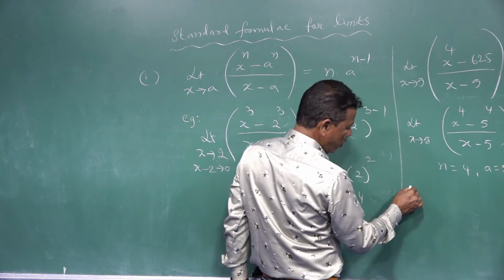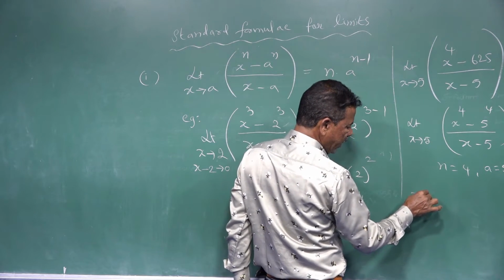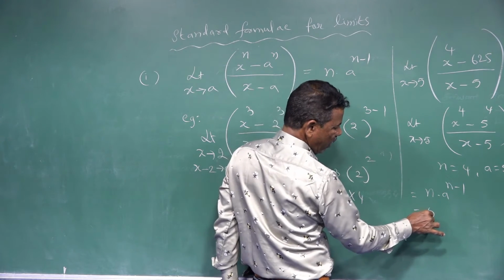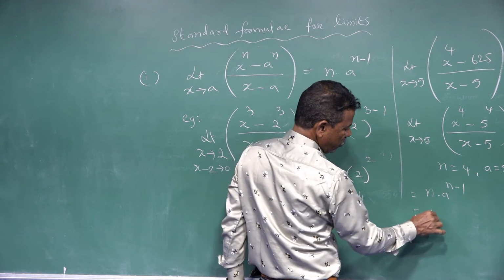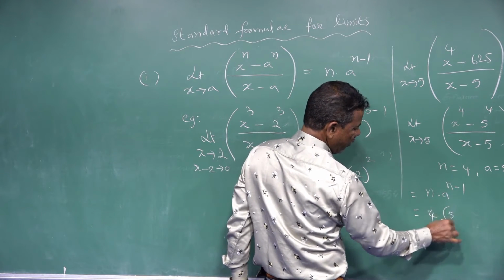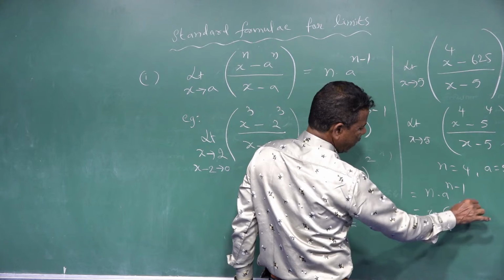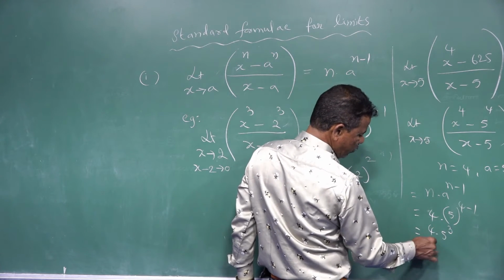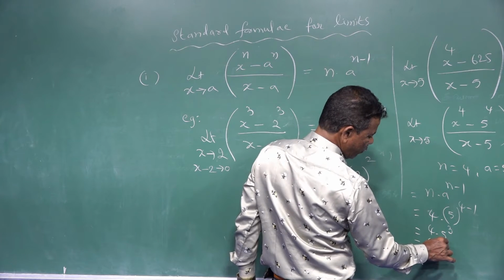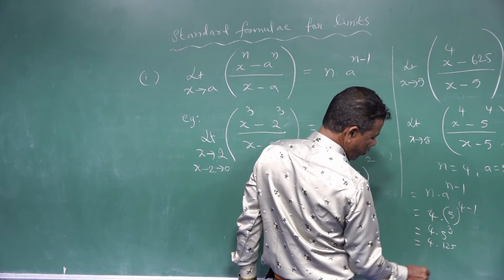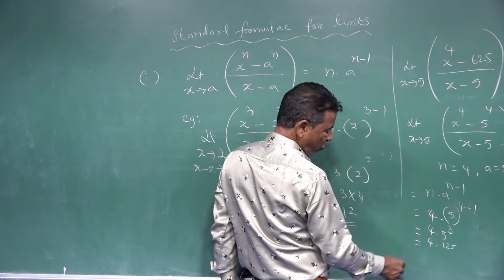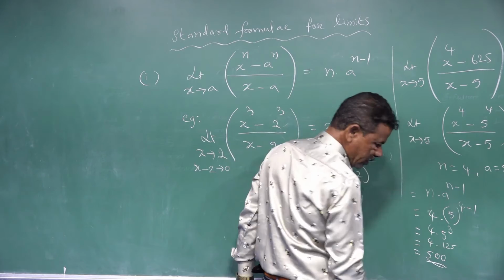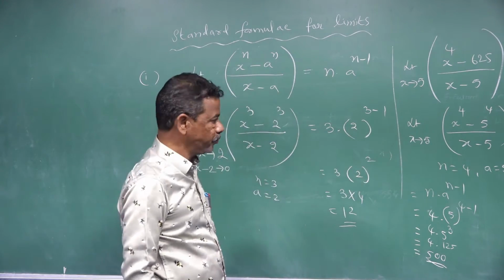Now according to the formula n into a to the power n minus 1, that is 4 into 5 to the power of 4 minus 1, 4 into 5 cubed. 5 cubed is 125, and 125 multiplied by 4 is equal to 500. This is the value of the limit.